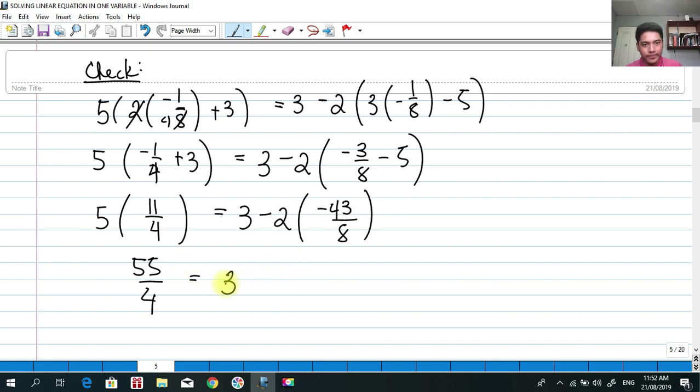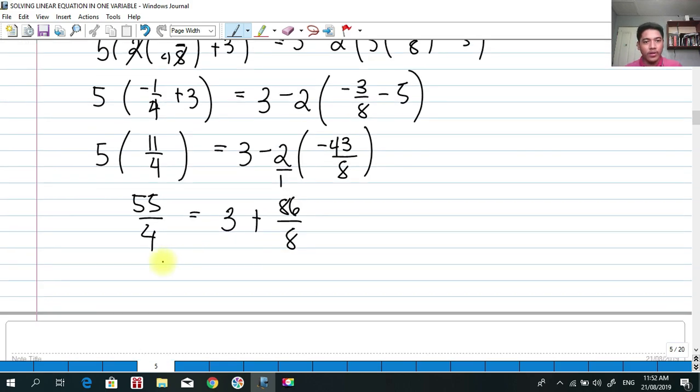And of course, what would happen here? Okay, since this is a multiplication, we need to multiply negative 2 with negative 43, numerator to numerator, denominator to denominator. So we have positive 86 because negative 2 times negative 43 is 86 over 8.